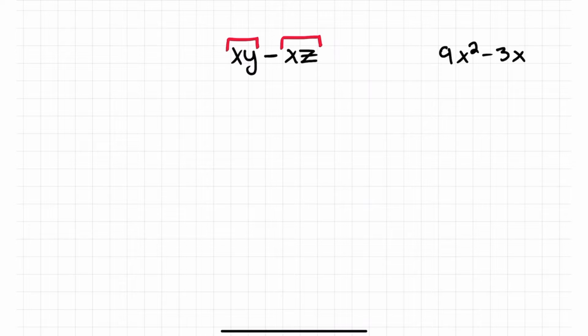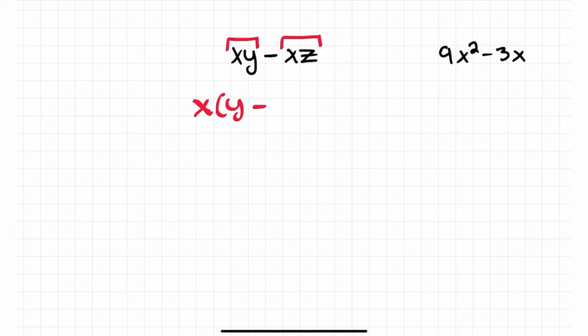So that's the greatest common factor here, and we can just separate the x on the outside. Let's put x, then open a parenthesis. x times what will give me xy? If we multiply x by y, we get xy.